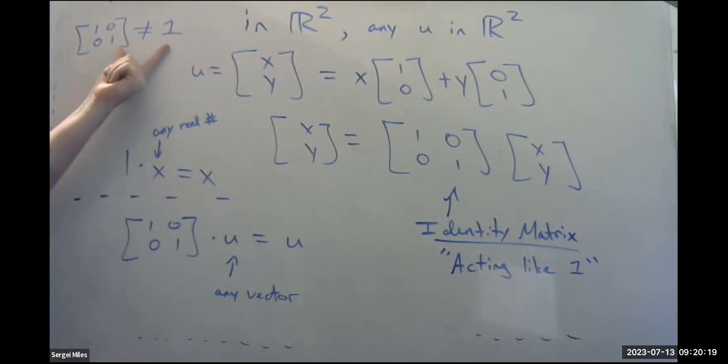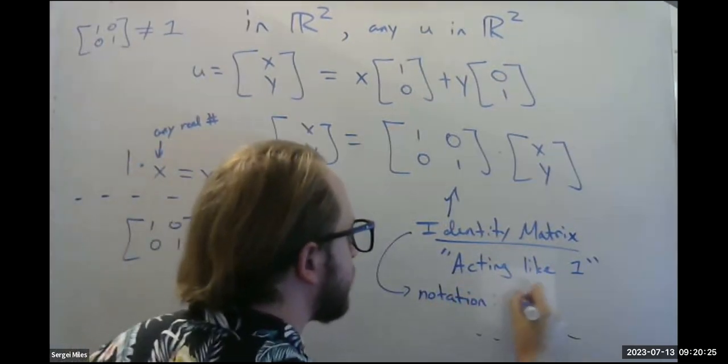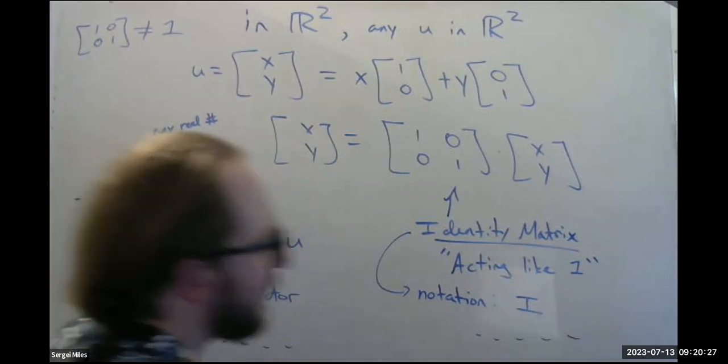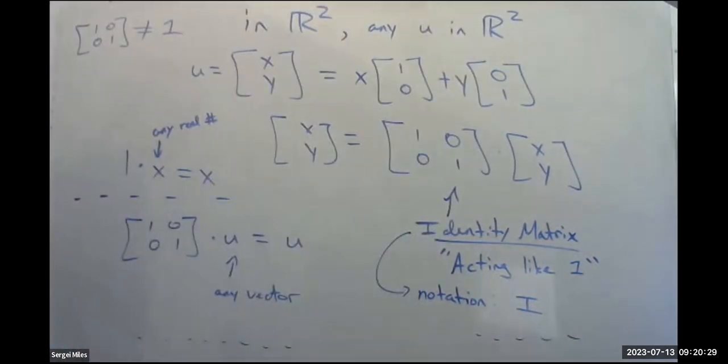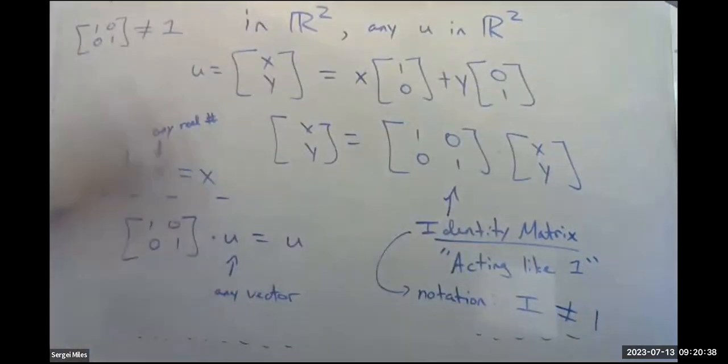different objects, right? We can use notation. We can call the identity matrix capital I for identity. So we can rewrite the identity matrix as this capital I, but again, this is not equal to the number 1. So again, watch out for that.